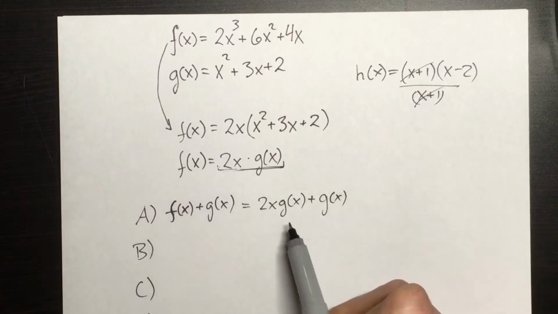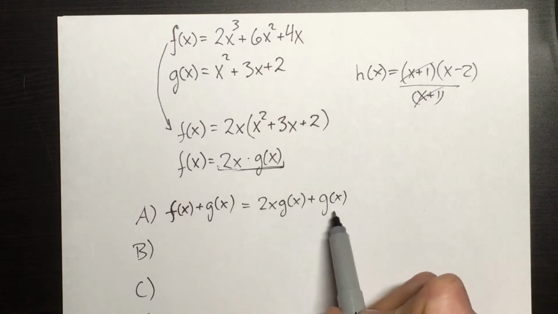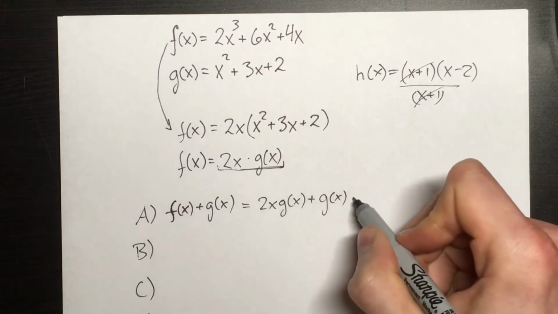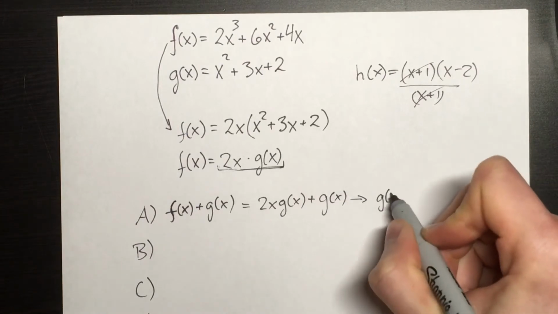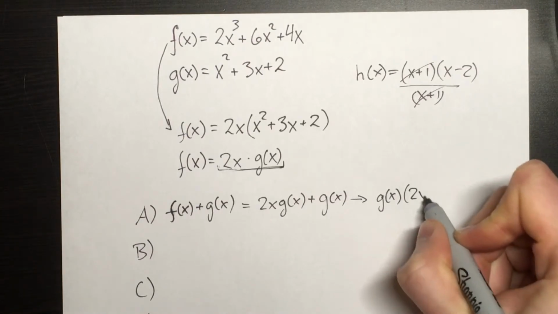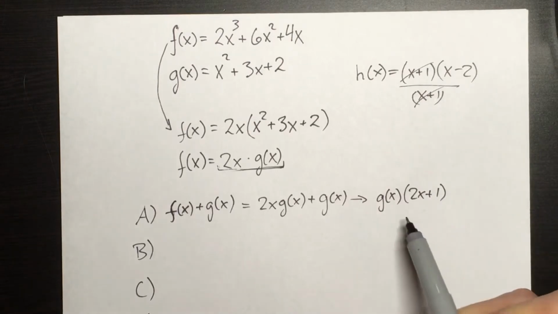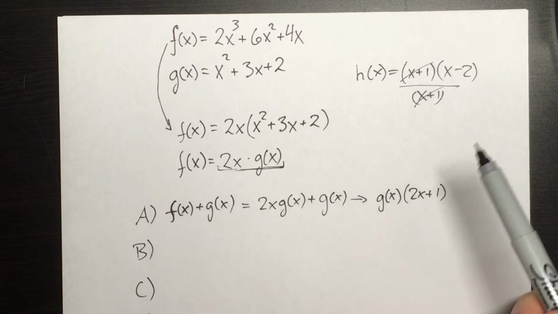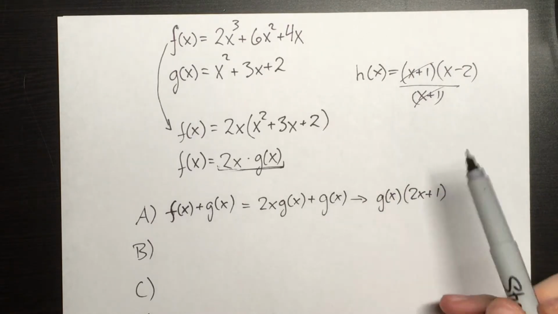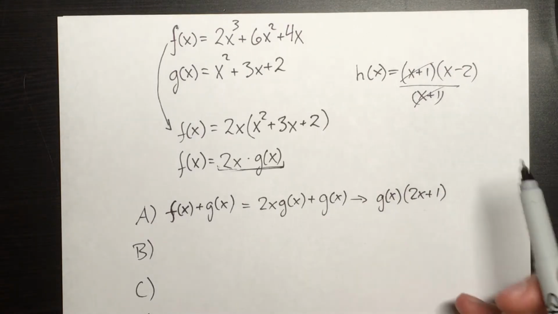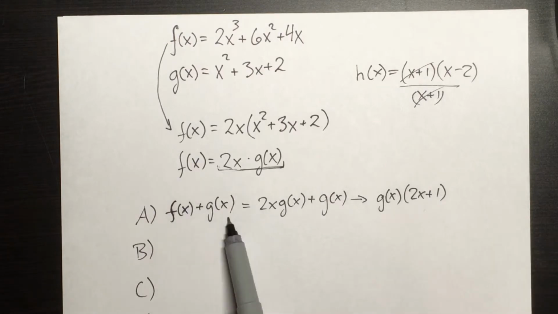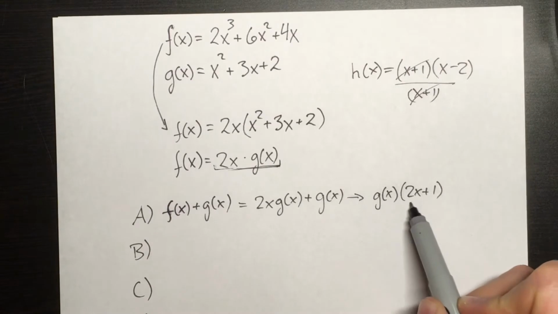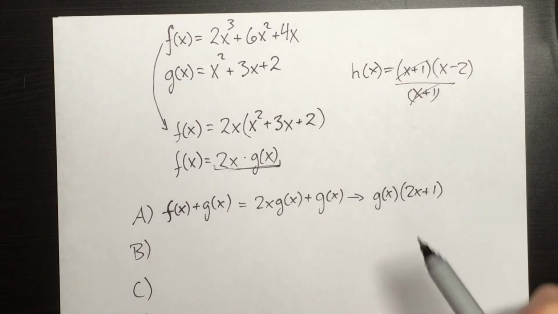Now you see the common factor that can be factored out is g of x. So we can convert this to g of x times 2x plus 1. This is how you're going to figure out which option has 2x plus 3 as a factor. This combination, because of how we transformed it, has 2x plus 1 as a factor, but that's not what we're interested in.